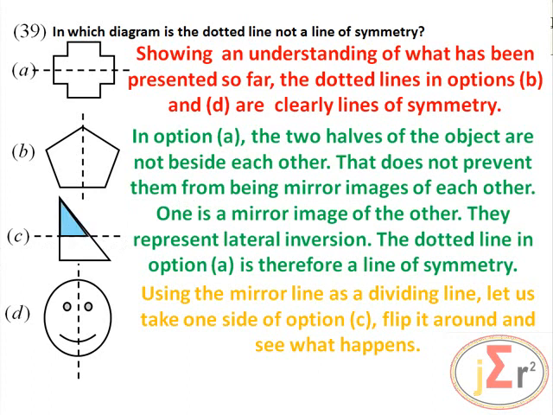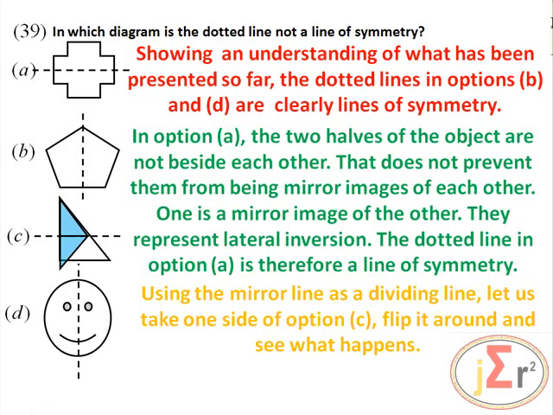See, when we flip it around, it does not form this triangle. So flip it over and see what happens. It does not form the triangle that we have down here. Therefore, this triangle is not a mirror image of the rest of the diagram that we have here.